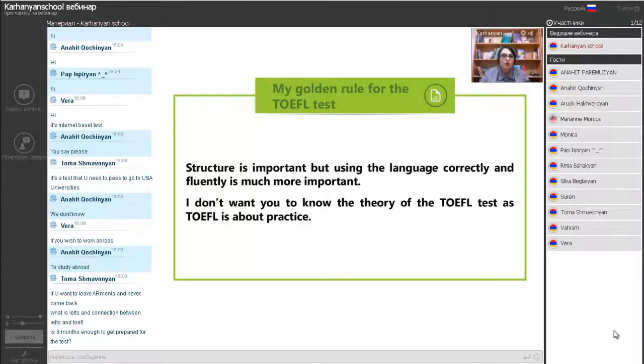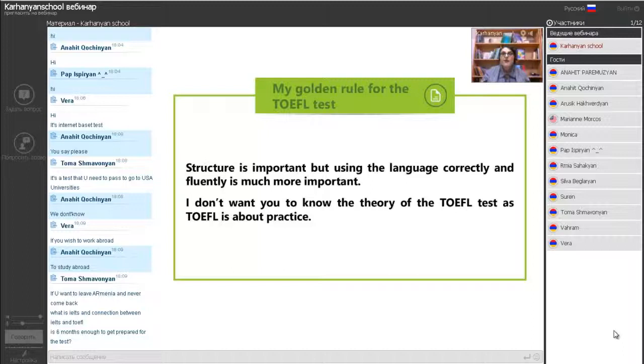So my golden rule for the TOEFL test is like this. Structure is important, of course. If your speech is structured and organized, it sounds beautiful. But using the language correctly and fluently is much more important.